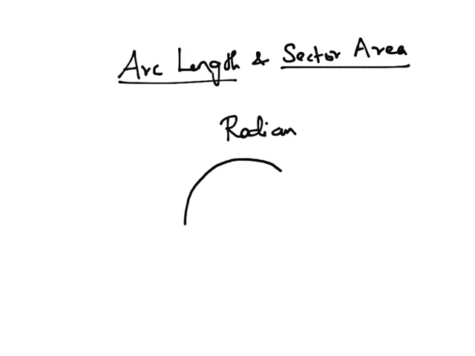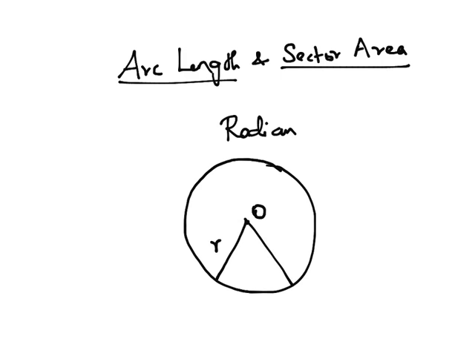Let me draw a circle, center at O, and let me take the radius as R units. Now you can see a minor arc AB. This arc AB subtends an angle at the center.